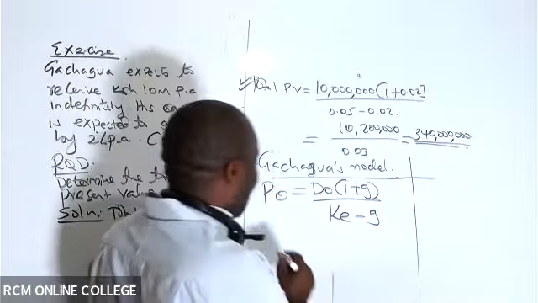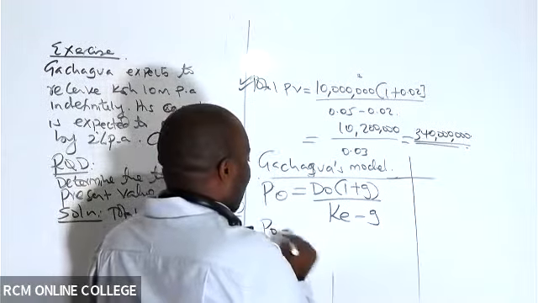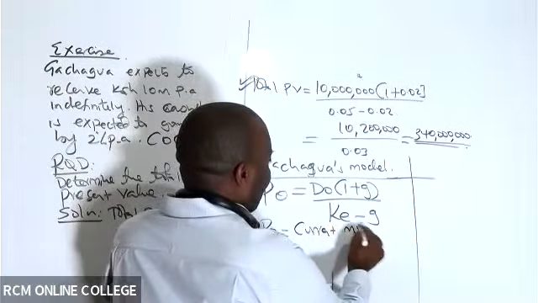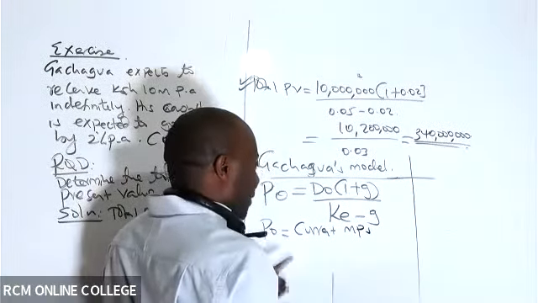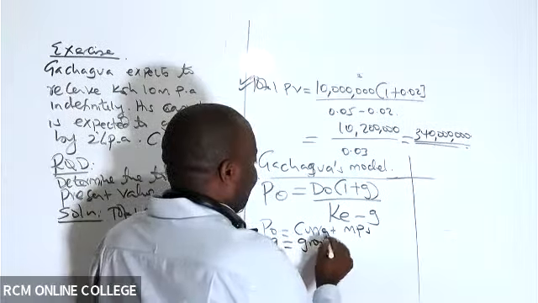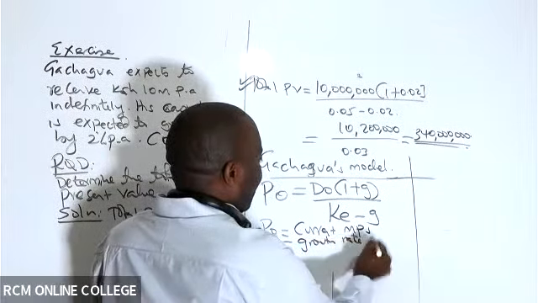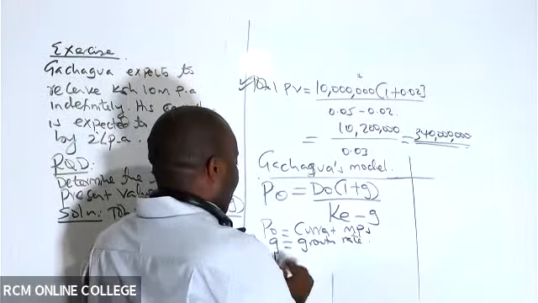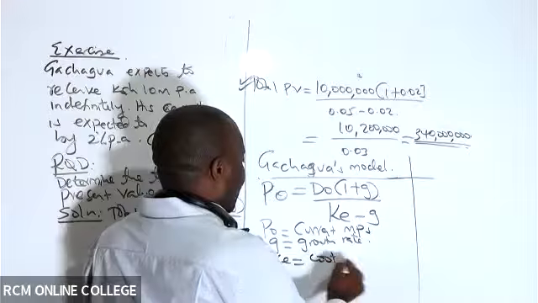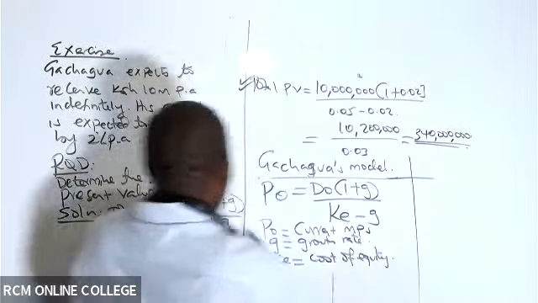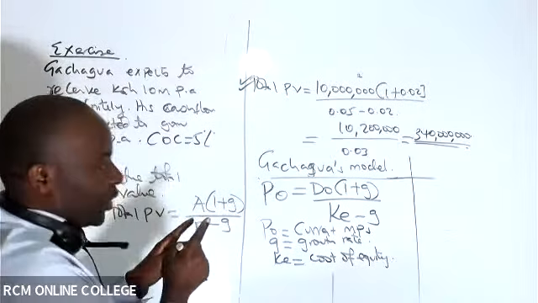So now come back to business. This P0 stands for current market price per share, because of the 0. Then we have this g, which stands for growth rate. Then we have, ladies and gentlemen, Ke, the cost of equity. You see, this model comes from this, if you're keen, you must have realized.